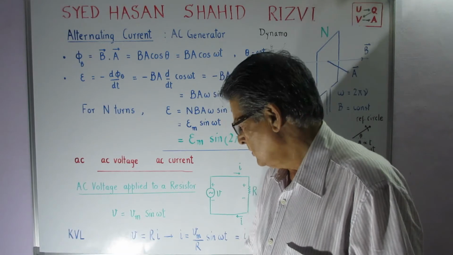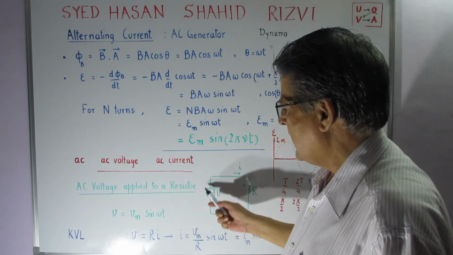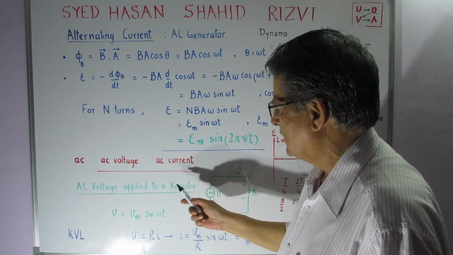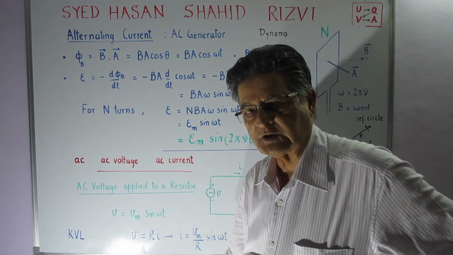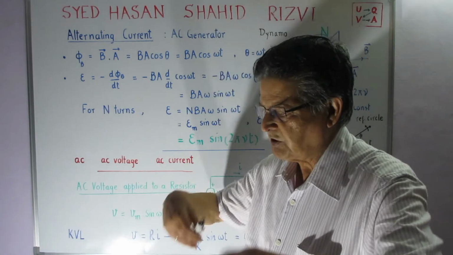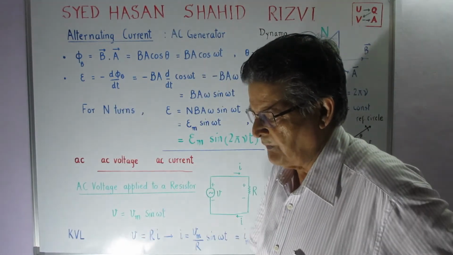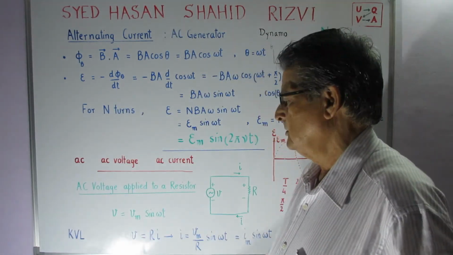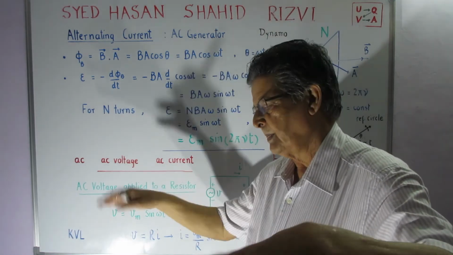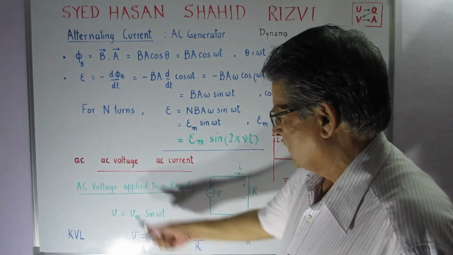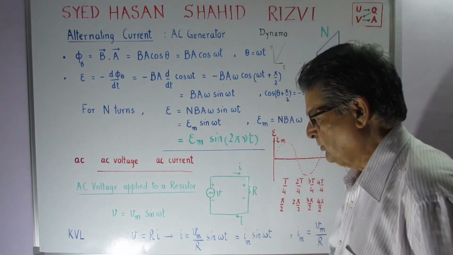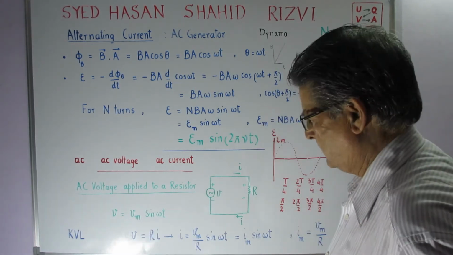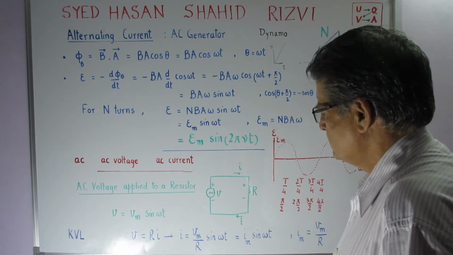Whatever you give to him, there will be an I square R joule loss associated with our friend Mr. Resistor. So there is a dissipation of energy. Whatever you give in the form of energy or power, that is dissipated. I don't care, I don't want anything. Whatever you are going to give to me, I am going to spend it.